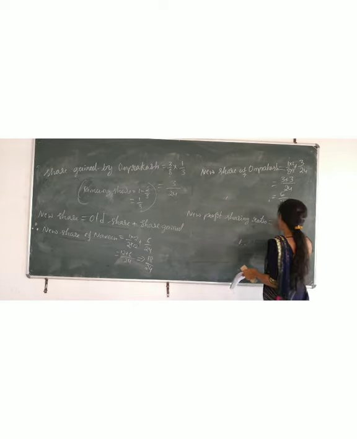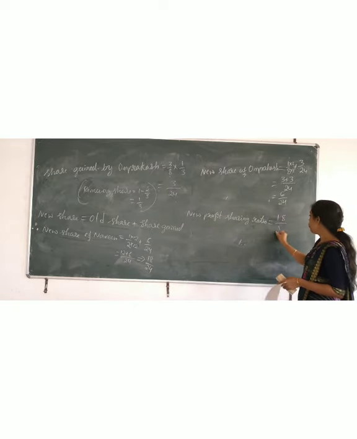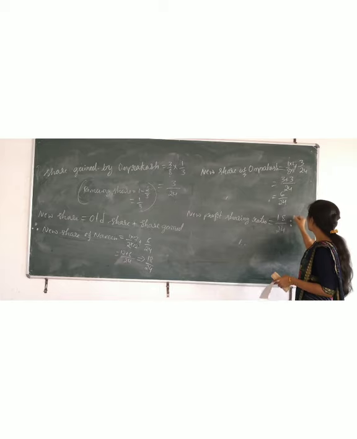So 18 divided by 24 is to 6 divided by 24.